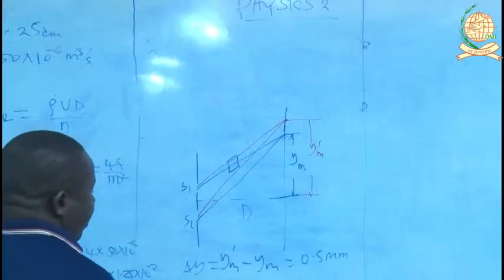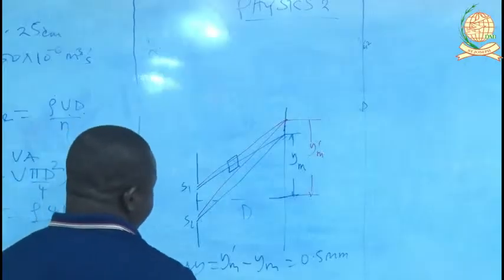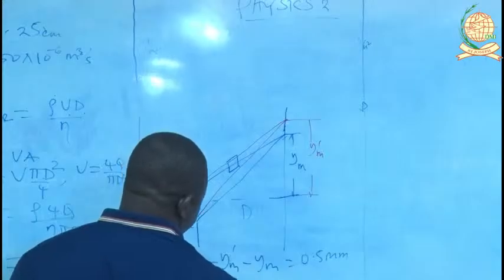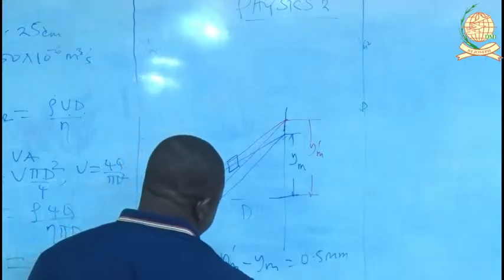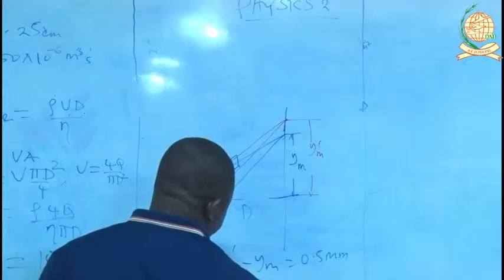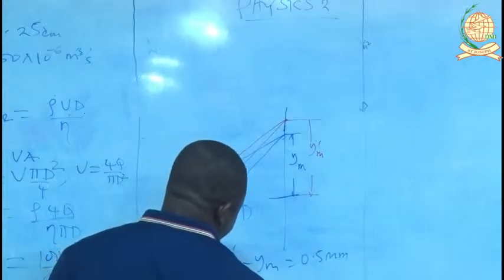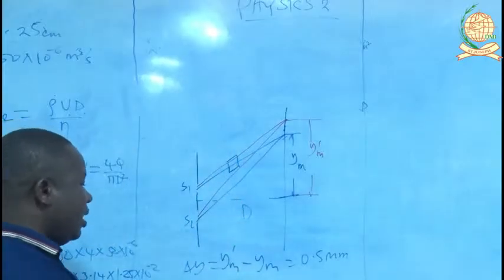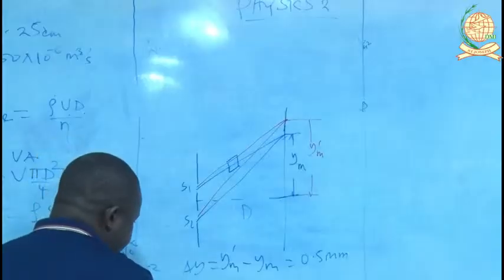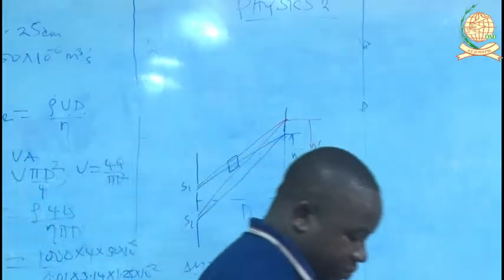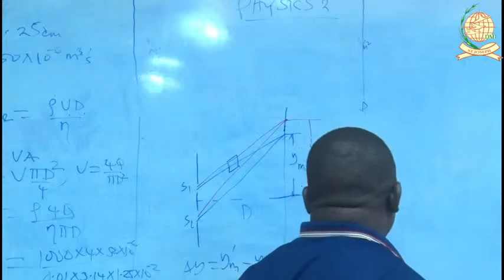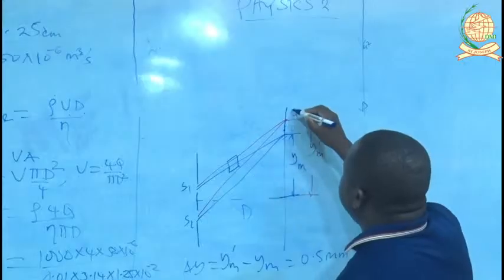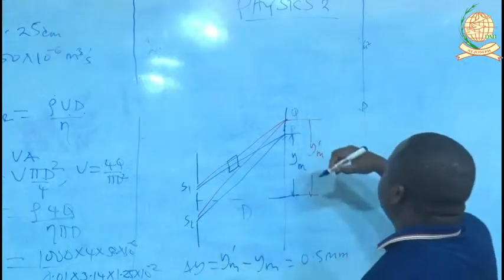Instead of having this one, it will be D over small d, bracket n lambda plus mu, which is the refractive index, minus 1 times the thickness. That will be the y m dash. Because that will increase. Or if I write this is p, this is the p dash.